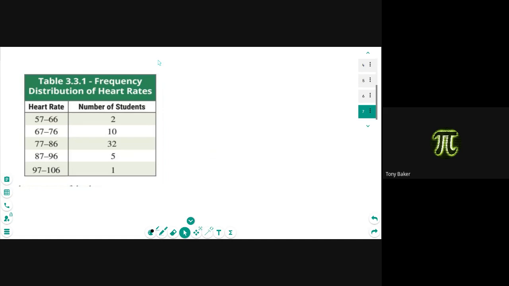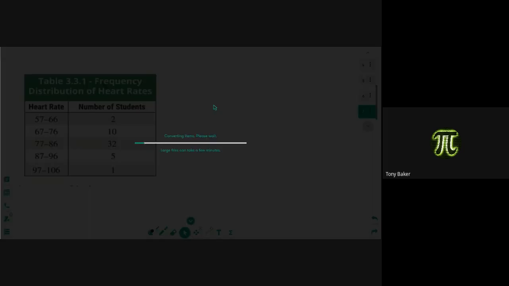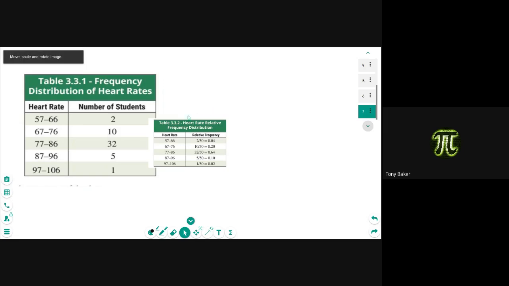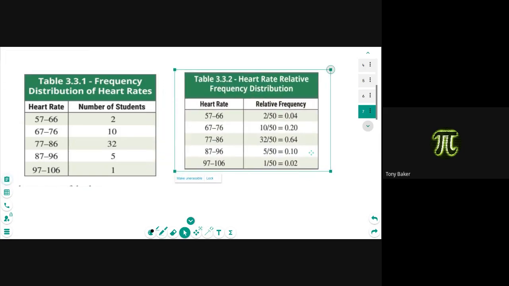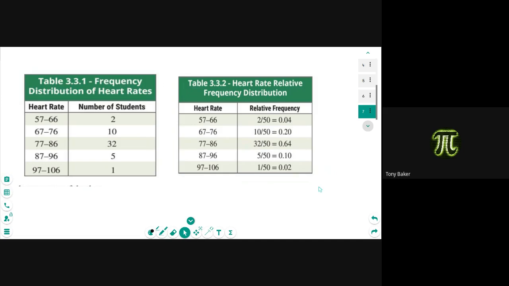So our relative frequency is the same thing as what we just talked about. All you're going to do is take each of the amounts and divide them by the total. So my relative frequency in that first class was 2, so 2 divided by 50, 0.04.